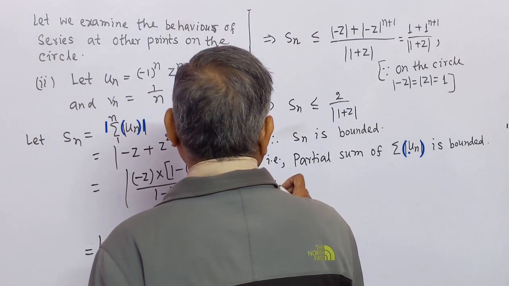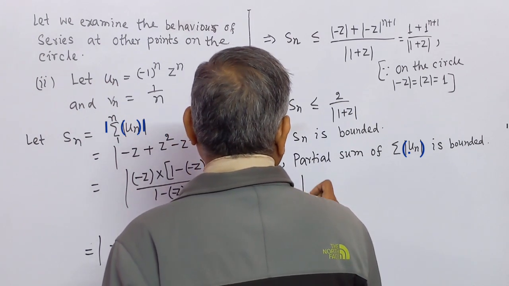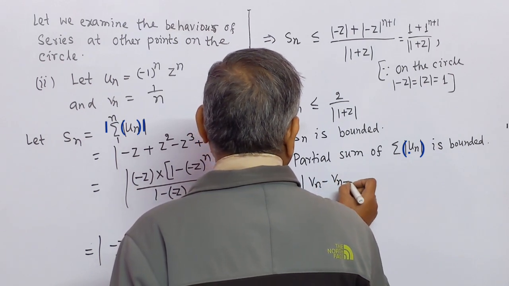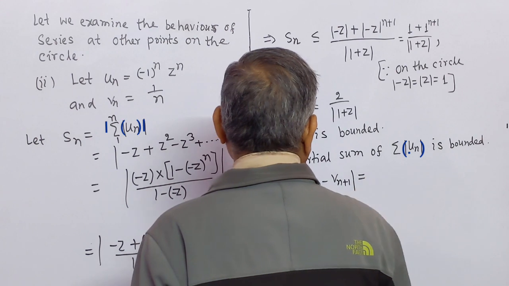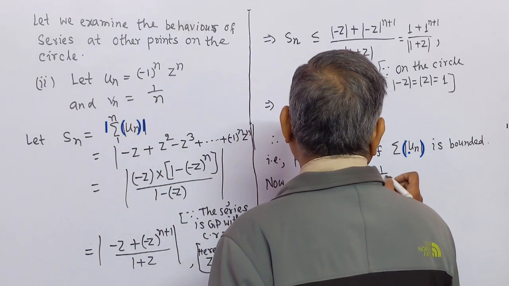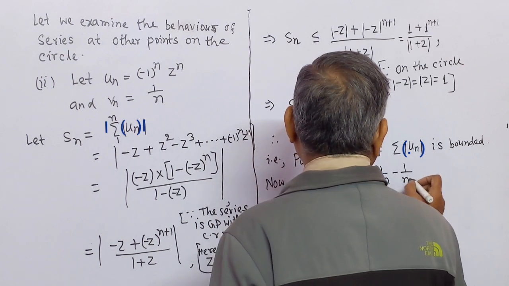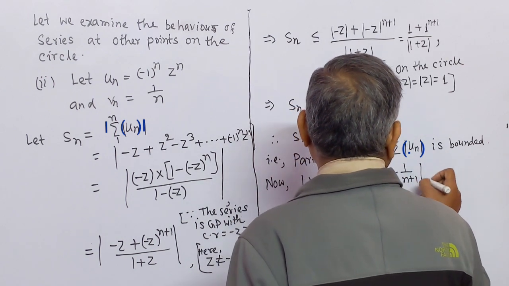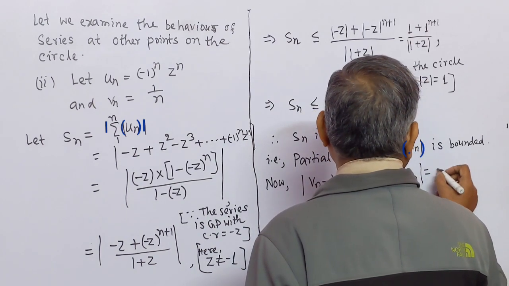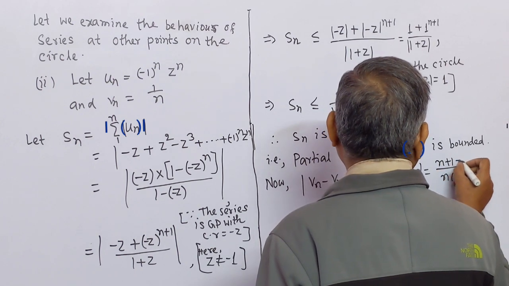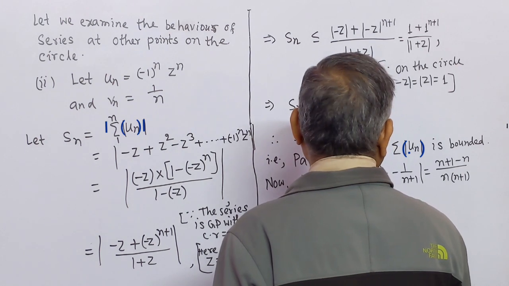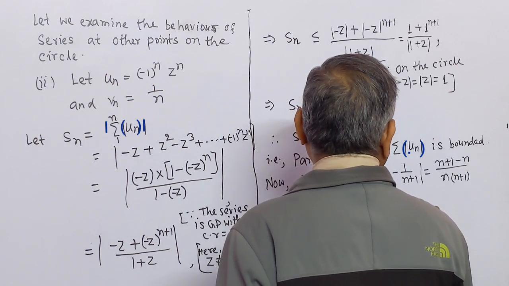Now, modulus of v_n minus v_{n+1} equals 1 by n minus 1 by n plus 1. This is equal to (n plus 1 minus n) by n into n plus 1, which equals 1 by n into n plus 1.